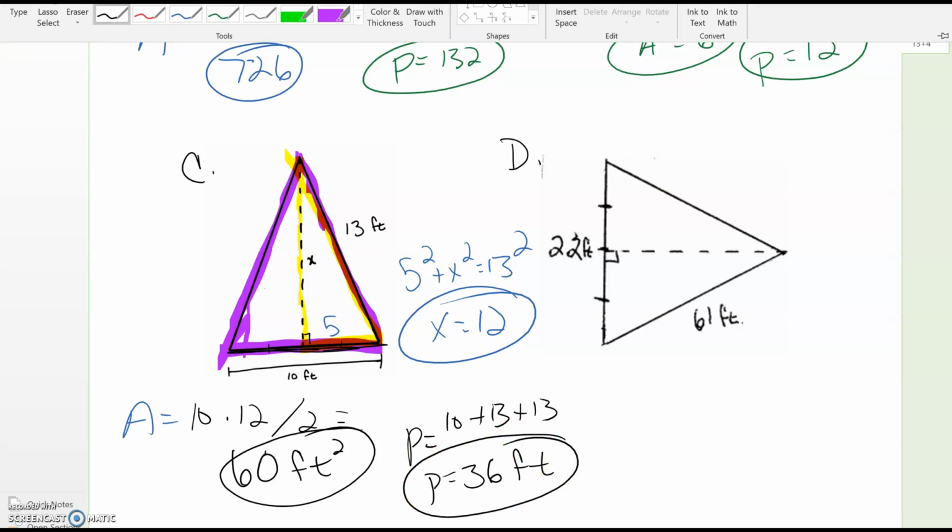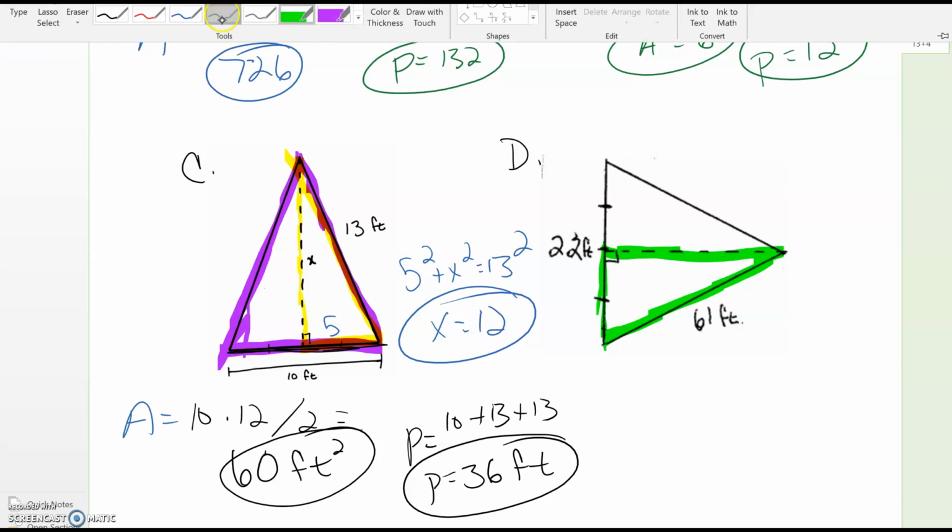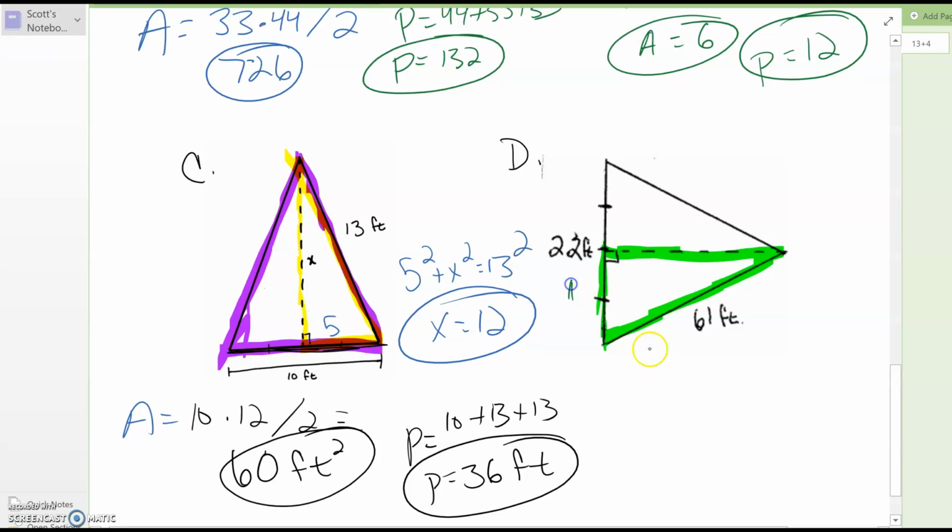Then on the last one here, make sure you cut it in half again to find that height. I'd have 11 squared plus x squared equals 61 squared. x is going to equal 60.